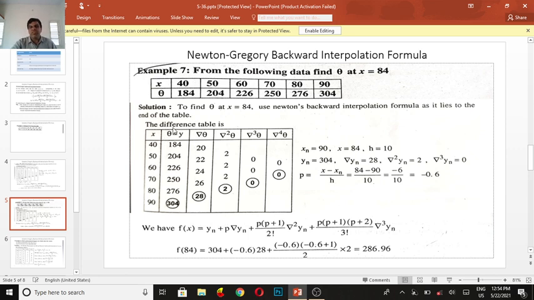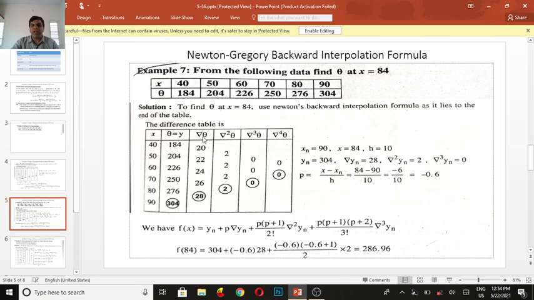So take the differences and put it in table form. For x equal to 40, 50, 60, 70, 80, 90, the corresponding values of theta are 184, 204, 226, 250, 276, 304.